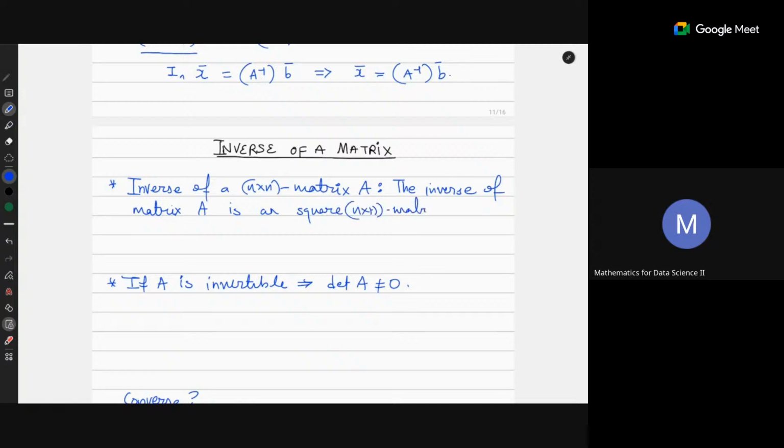In particular, a square matrix A inverse says that A inverse multiplied with A from the left is equal to identity, and A inverse multiplied with A from the right is also equal to the identity.